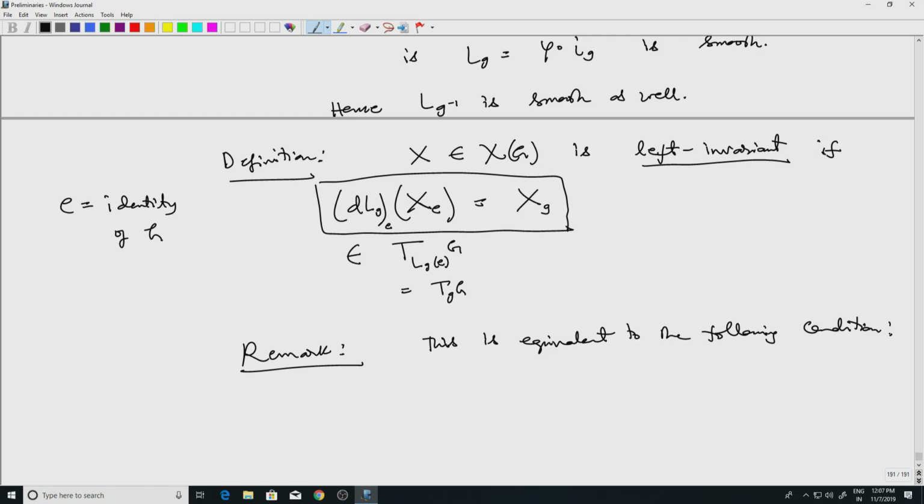Instead of starting with the value of the vector field at the identity, I can start at any point. So let's take X at some point P. Let's apply left translation by G, so the derivative at the point P. And what we want to say is that the condition is that this should be X at GP.